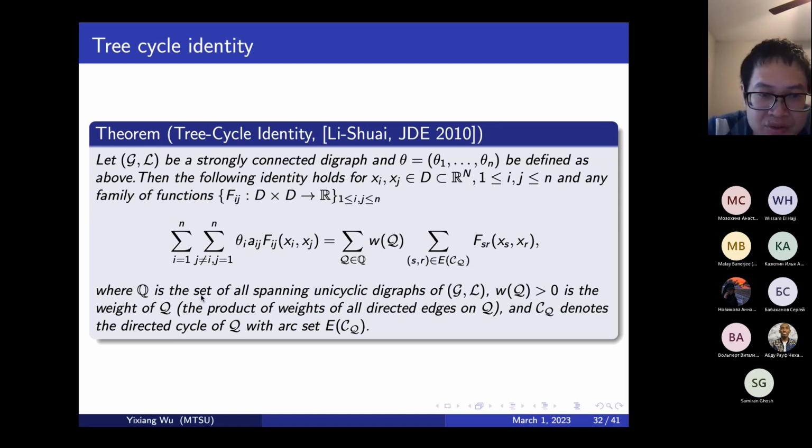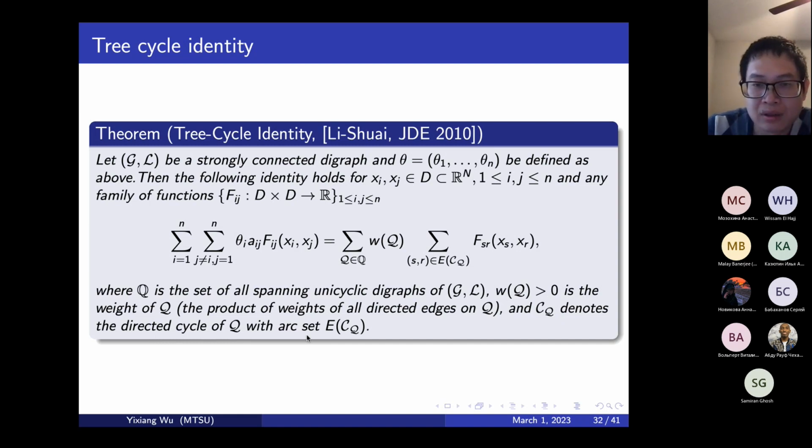Here Q is the set of all spanning unicyclic digraphs. Unicyclic means there is only one cycle in the graph. W(Q) is the weight of the graph Q, and C(Q) is the directed cycle.